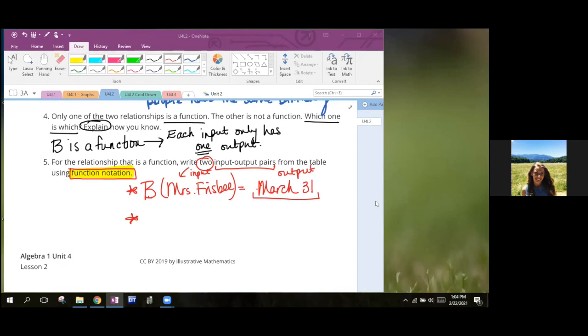If you want to use one that's not in the table, do your own birthday. I did my birthday, you do your own birthday. Send them in the chat.